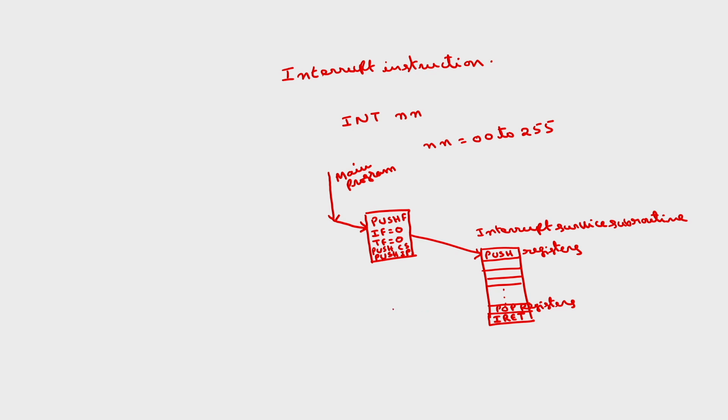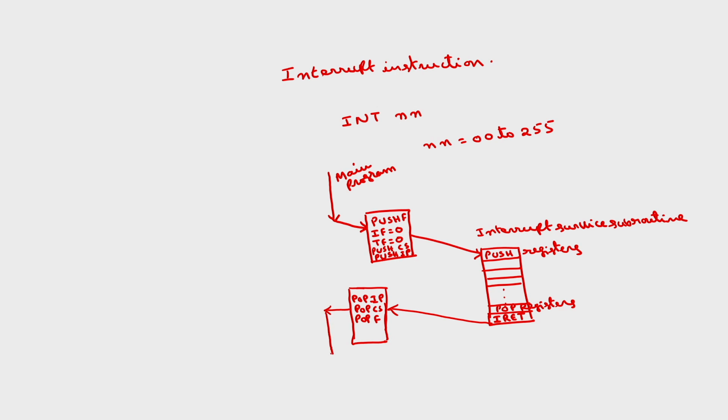While returning, it will perform the reverse operations of the pushes: it will pop IP first, then pop CS, then pop the flags, because the stack is last in first out. Whatever was pushed last will be popped first.